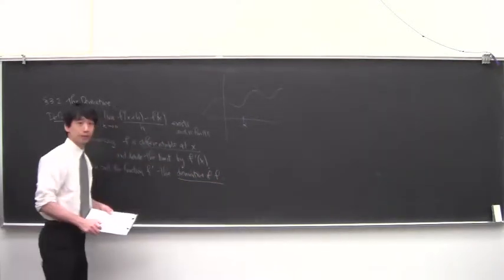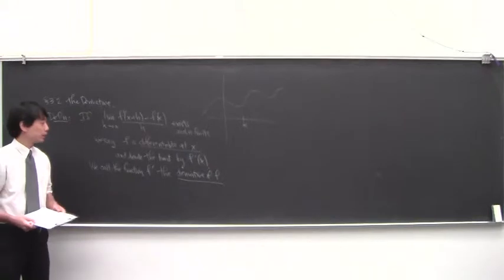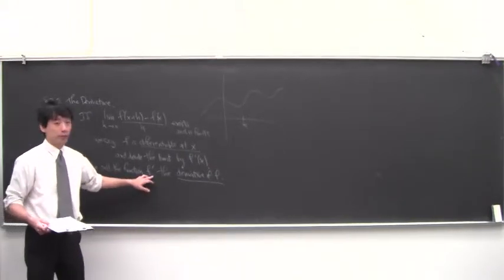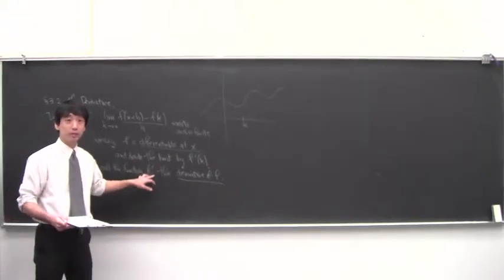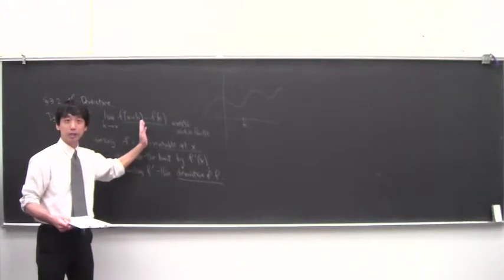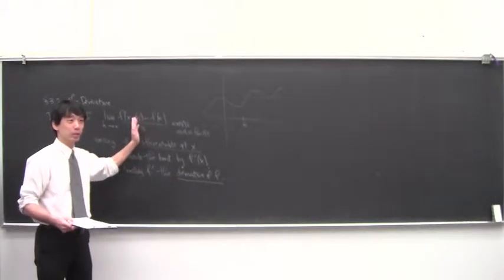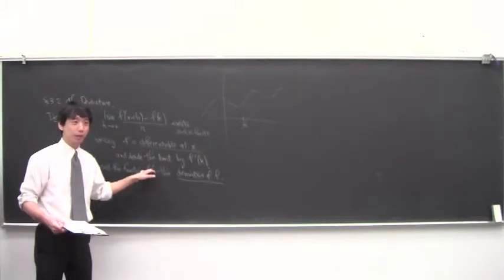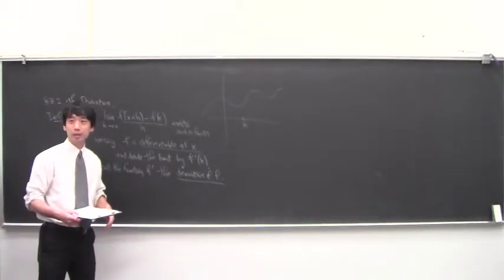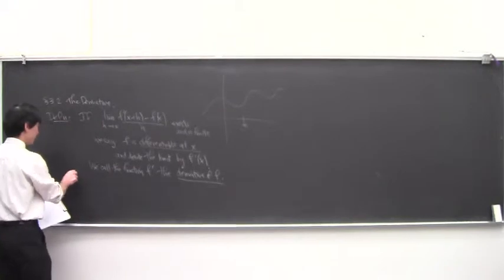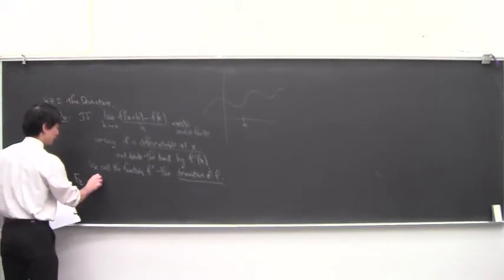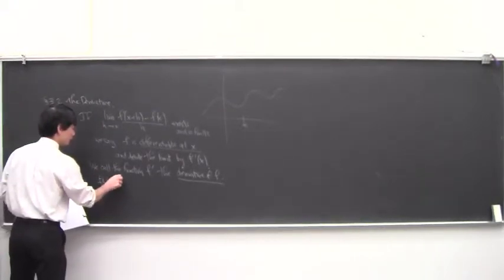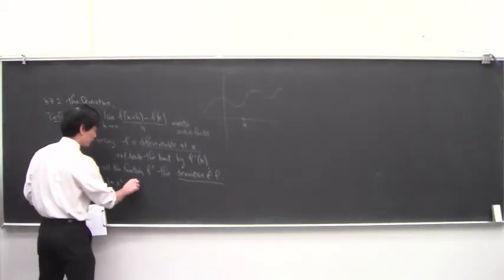This f prime is a function of x, right? At each point x, you get a different slope of the tangent line, and so it itself is a function, and we call that thing the derivative.